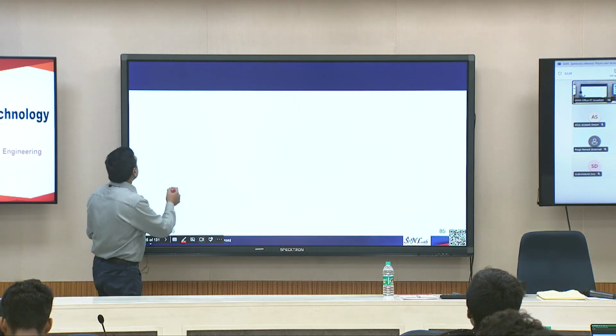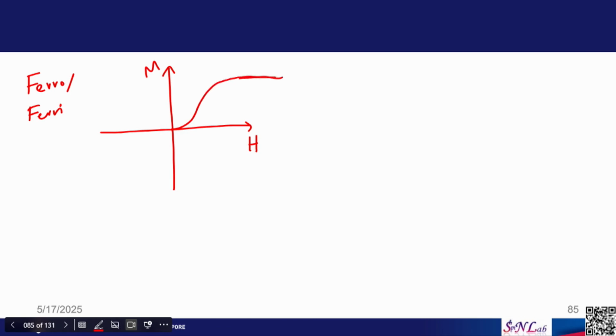Okay, then we moved on to discuss ferro or ferrimagnetic materials. Let us say you want to measure the magnetization as a function of applied field. The magnetization will not increase linearly, it will go non-linearly and saturate at a certain field.